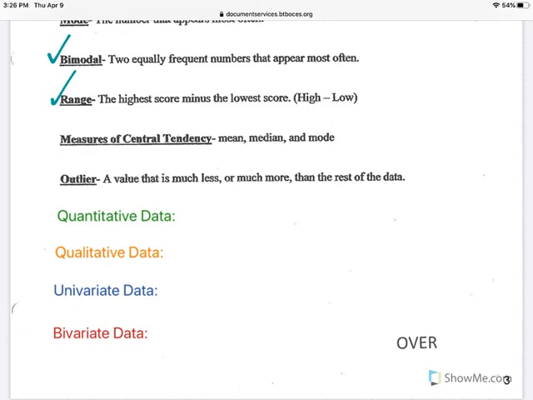Essentially, if a question says, find the measures of central tendency, then you have to understand that you're finding the mean, which is the average, right? Adding all the numbers together, dividing by the amount of numbers that are in the group. The median, otherwise known as the middle.